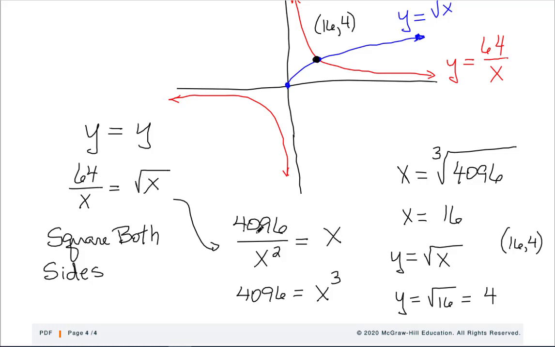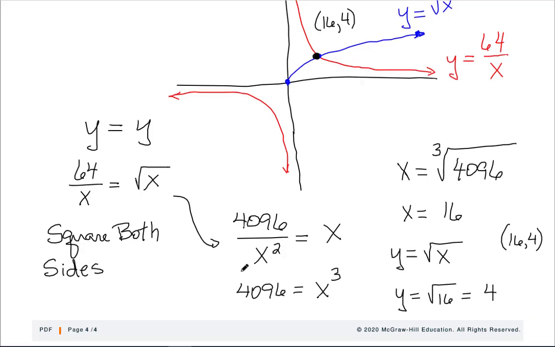All right, I get this. And so I get a big number equals x cubed. Now formally, I would take this and I would have x cubed minus 4096 equals 0.